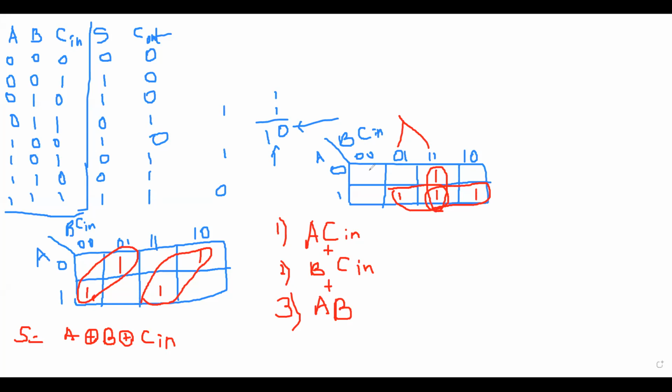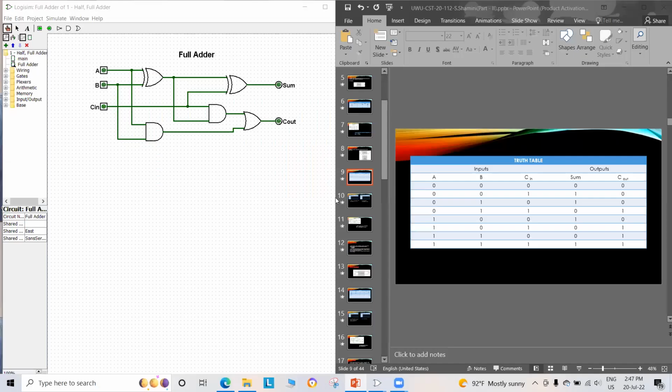Now I'm going to show you the Logisim diagram, the circuit design for half adder and for full adder. Then I'm going to check the truth table also. Here, this is the circuit diagram for full adder. Then I'm going to check a random combination for the last combination.